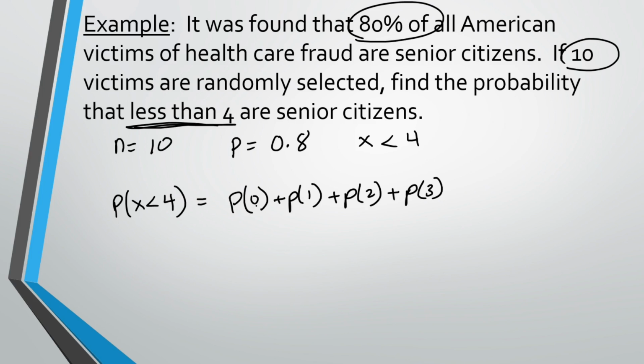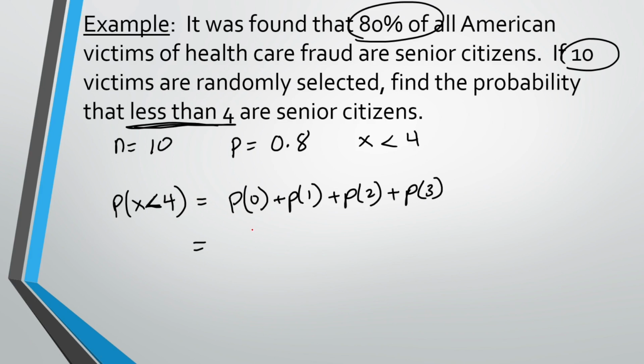So the probability of 0 Americans being a victim, probability of 1 American being a victim, plus the probability of 2 plus the probability of 3. Now we can do the calculation by hand by using the formula 4 separate times if we wanted to, but we can also plug this into our statistics calculator and calculate the probability.